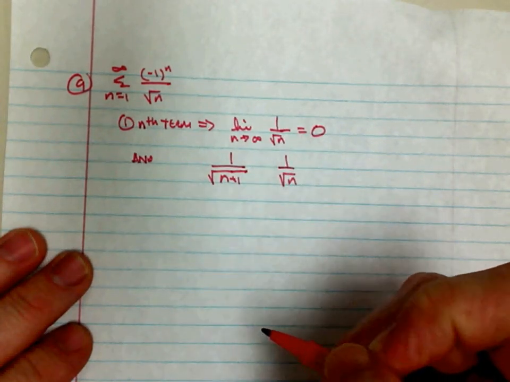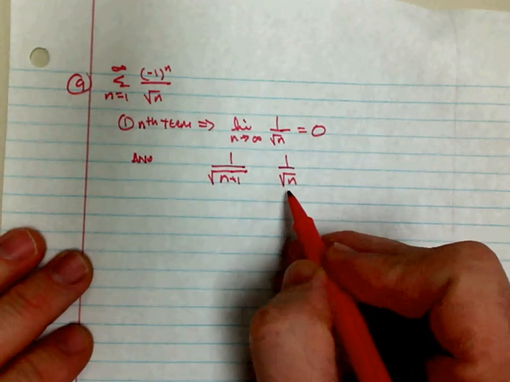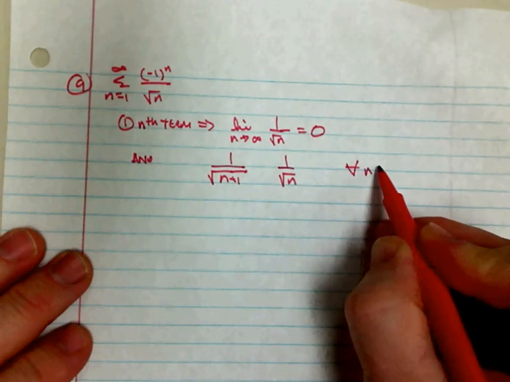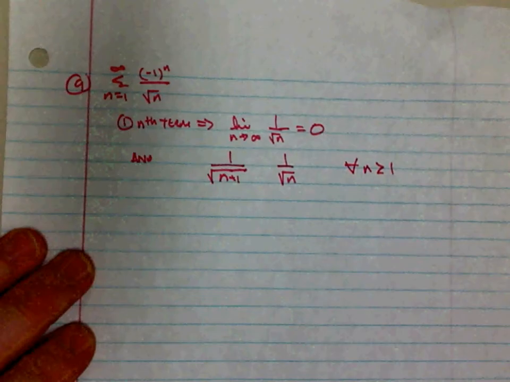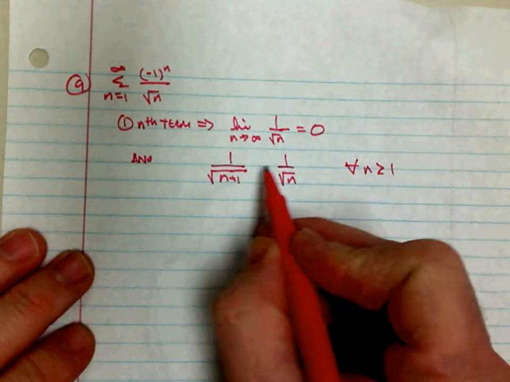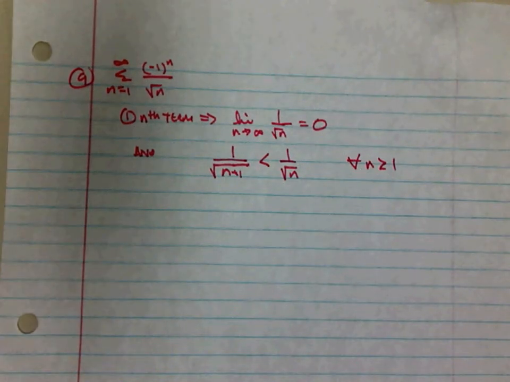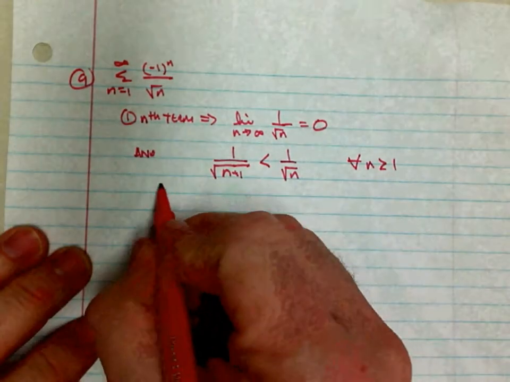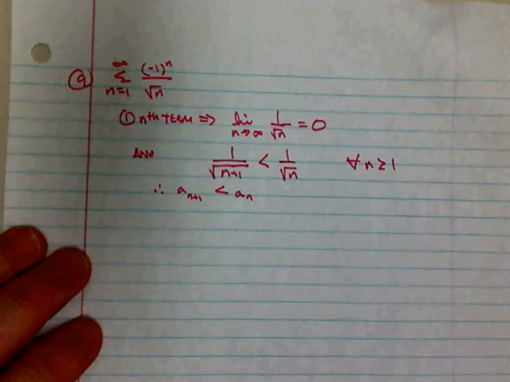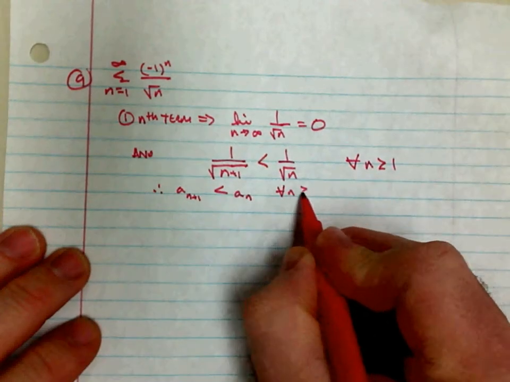Well, no matter what n is, as long as we're looking at n greater than or equal to 1, this is always going to work out that the next term is always going to be less than the previous term, which means a sub n plus 1 will always be less than the previous term for all of these n's greater than or equal to 1.